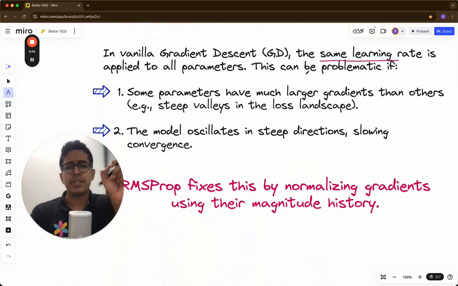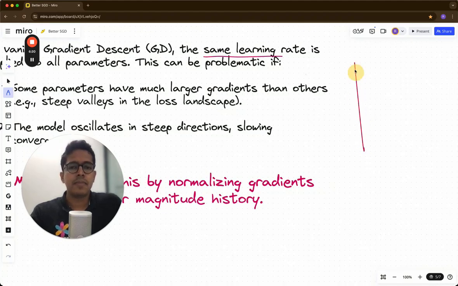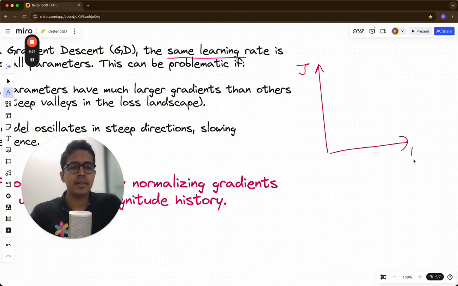This can be an issue because if there are oscillations, for example, if J is this, theta is this, and your J as a function of theta looks like this, there can be oscillations like this, making the convergence very, very slow. Sometimes there can also be issues where the initial learning rate you picked is too big, and then there can be divergence.